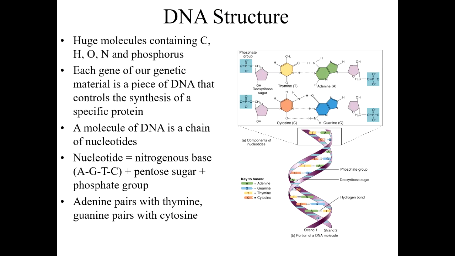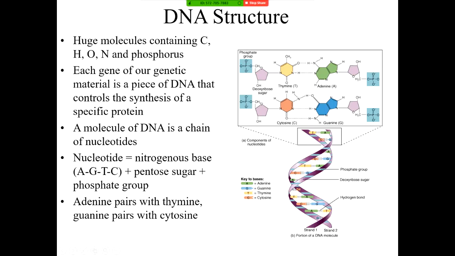A molecule of DNA has a chain of nucleotides or nitrogen bases. The four we spoke of were A, adenine, G, guanine, T, thymine, and C, cytosine.